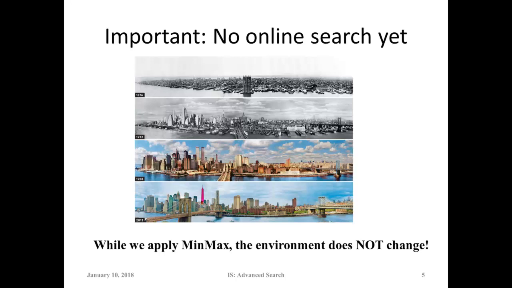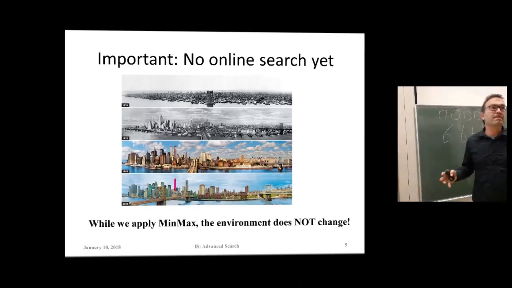It's not online search in the sense that the environment changes. It is a procedure that I apply at a certain moment in time where I try to investigate the state space. So I try to think ahead, what could happen? And then according to what could happen, I take the optimal decision. But there is nothing done so far. Yeah?